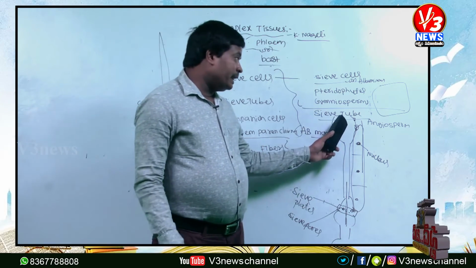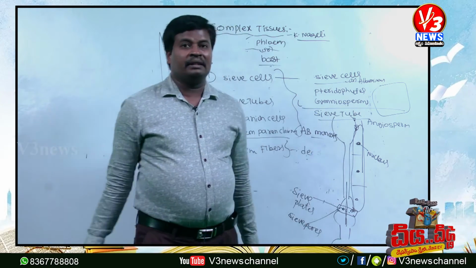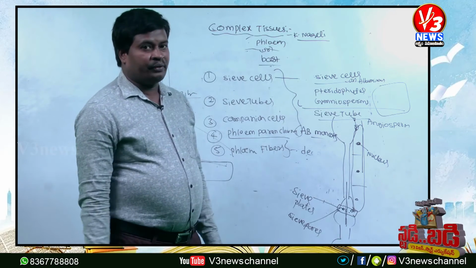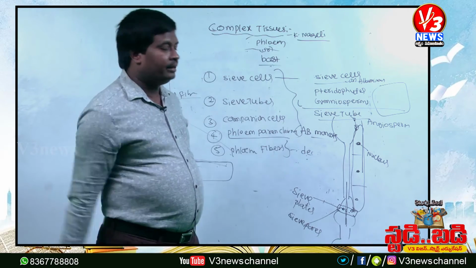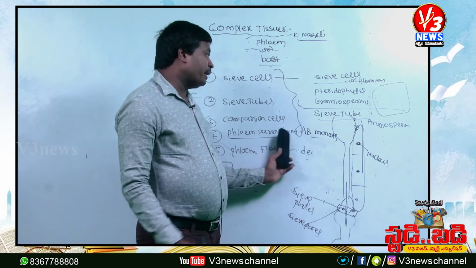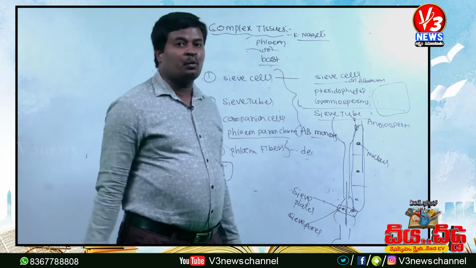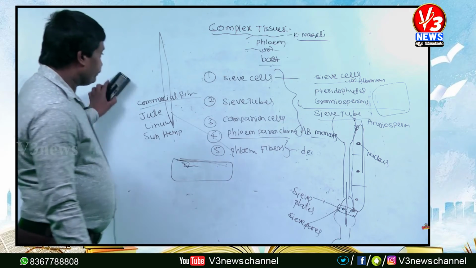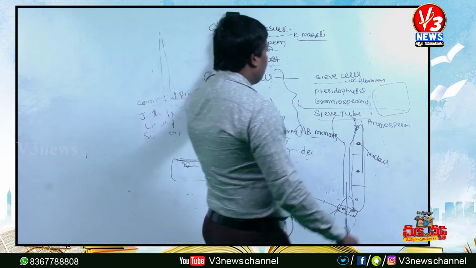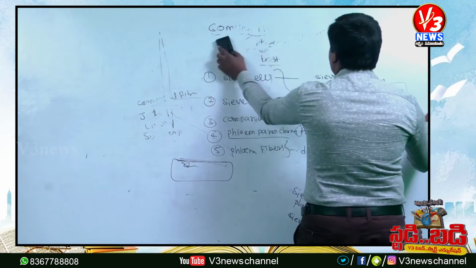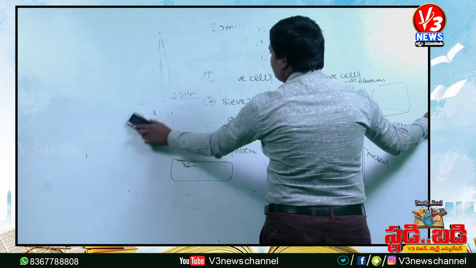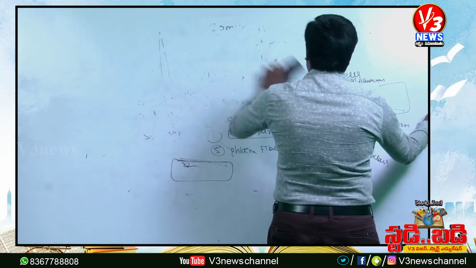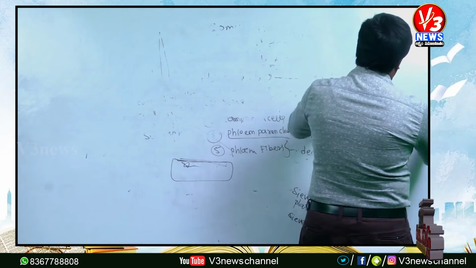So the nucleus is absent in sieve tubes. Sieve tubes are food conducting in angiosperms. Next, phloem parenchyma is absent in monocotyledons. This is about the complex tissues and permanent tissues, which have different origins and perform the same function.